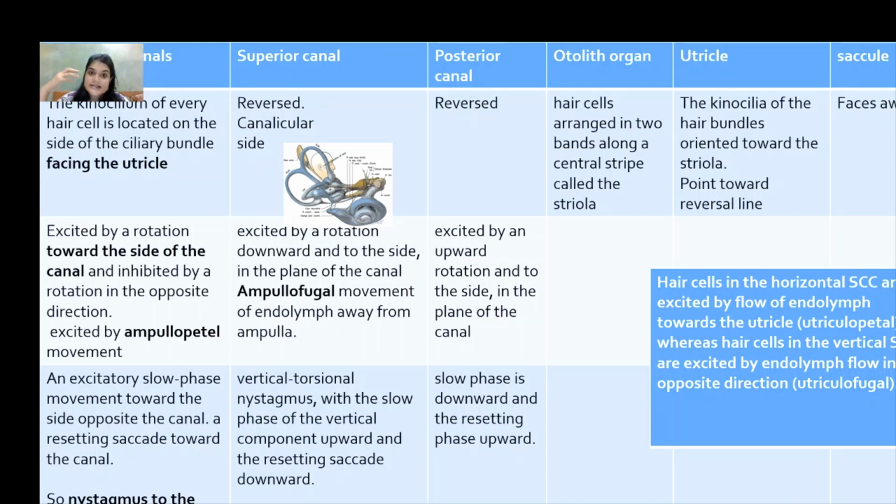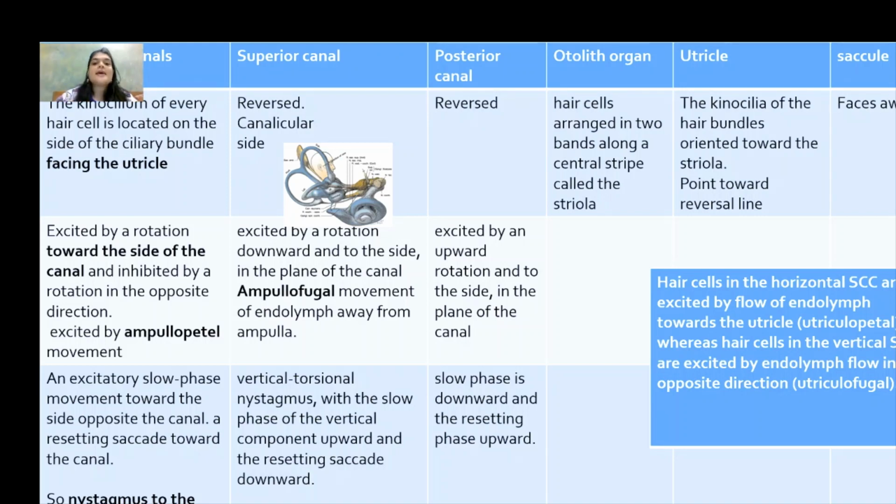So stereocilia are deflected towards the kinocilium, and there is stimulation of the right horizontal canal. So when I am rotating my head to the right, the right horizontal canal is stimulated, with a slow phase movement towards the left and a resetting saccade towards the right. The nystagmus will be to the side of the canal stimulated.